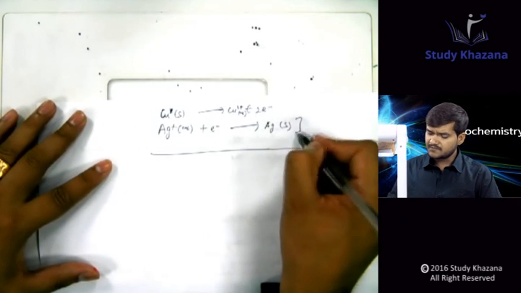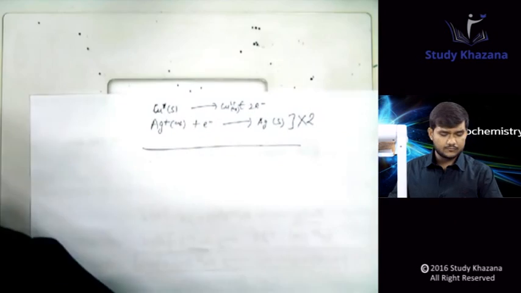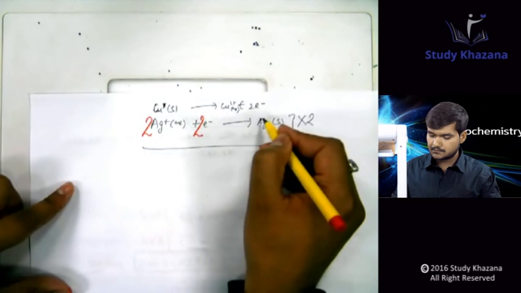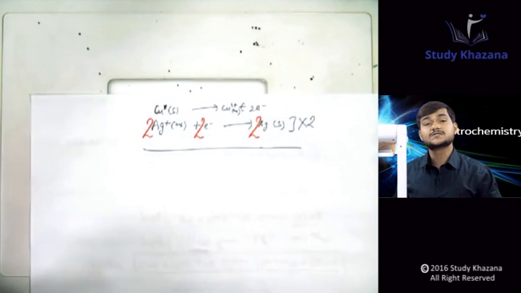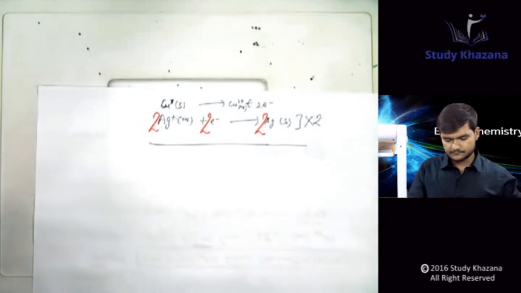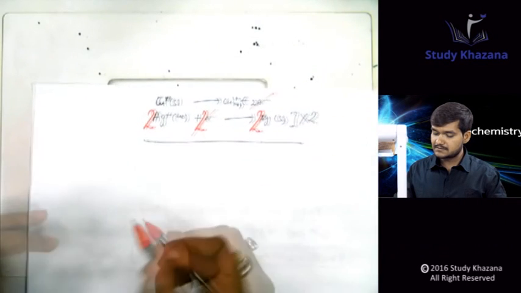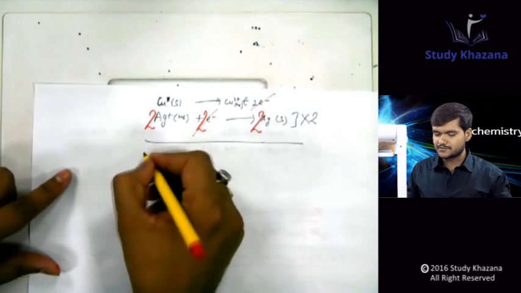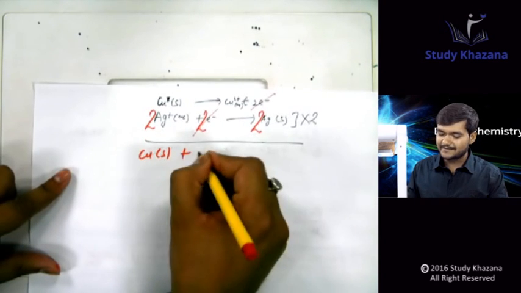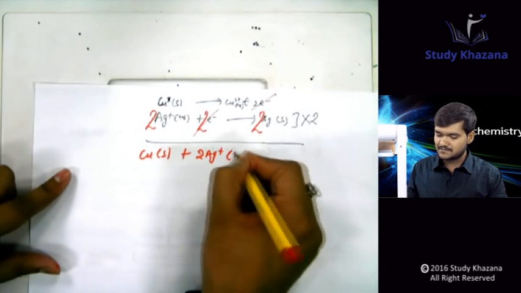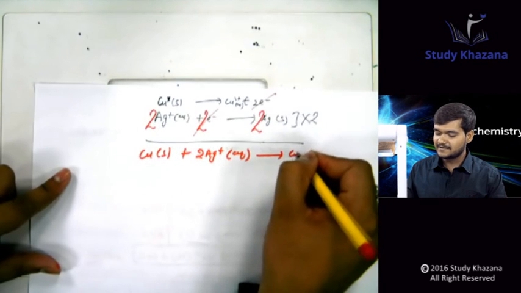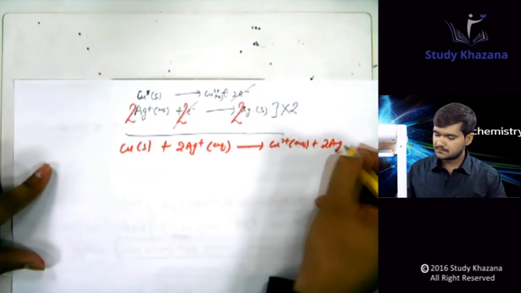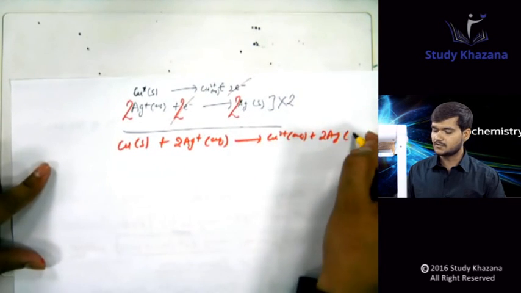So we will multiply the equation by 2 and this will become 2Ag+ plus 2 electrons gives 2Ag. These 2 electrons will cancel out. Now what will be the final equation? The final equation is Cu solid plus 2Ag+ aqueous gives Cu2+ aqueous plus 2Ag solid.